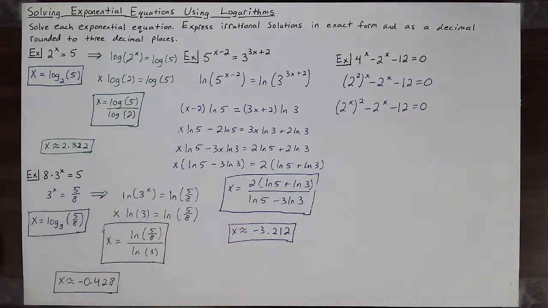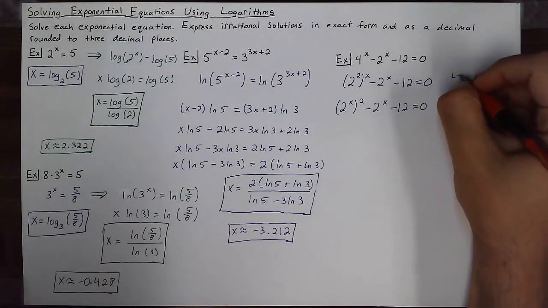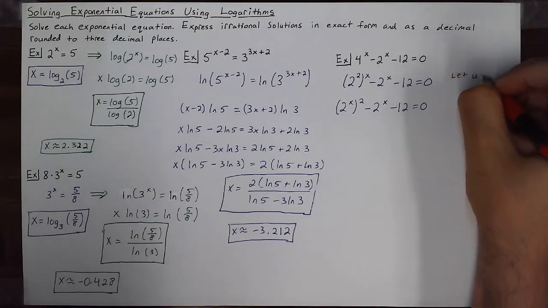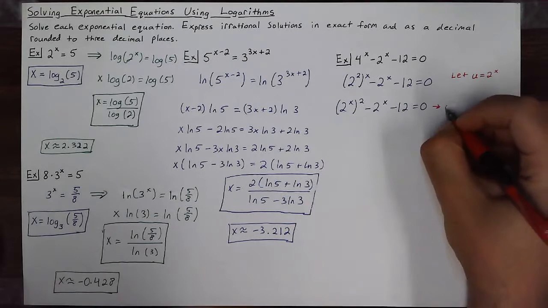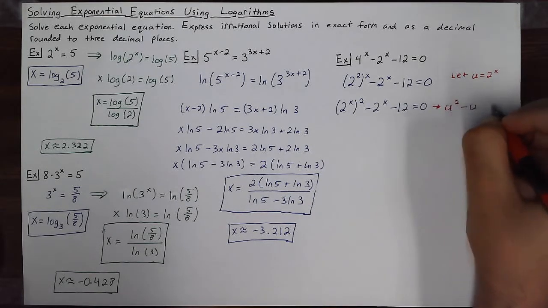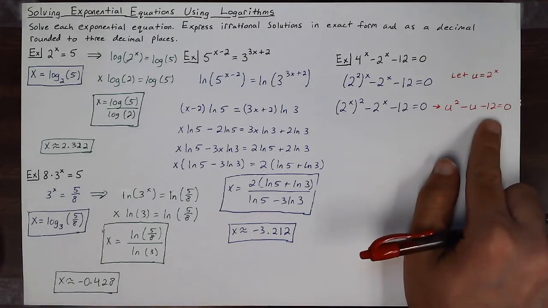And if I just pick another variable, let's say u equals 2 to the x. What happens is I get u squared minus u minus 12. And that is a quadratic that's very easily factorable.